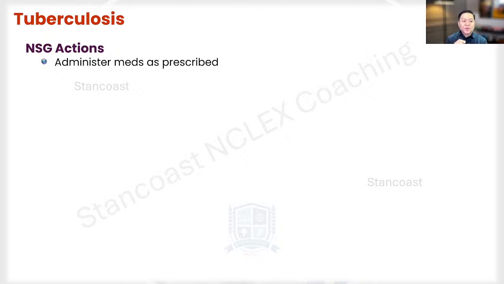This is very important in order to maintain the drug level in the bloodstream. Make sure that the patient takes the drug within the prescribed time, and does not stop the prescription even if they do not have any adverse reaction, in order to prevent resistance to the medication.